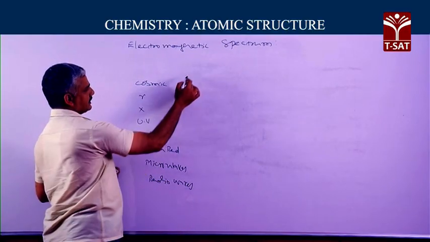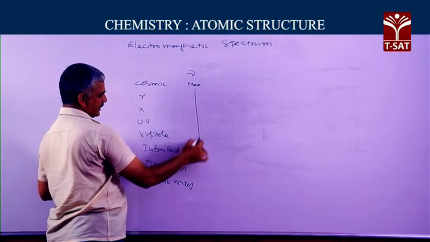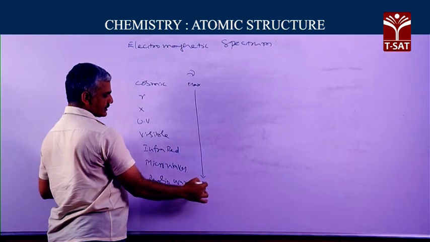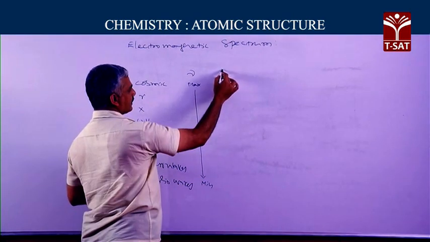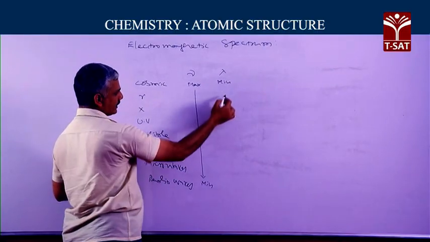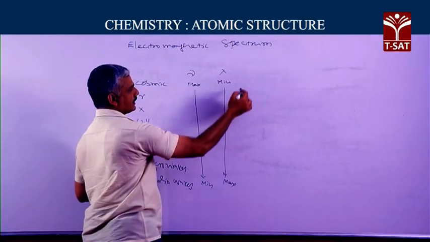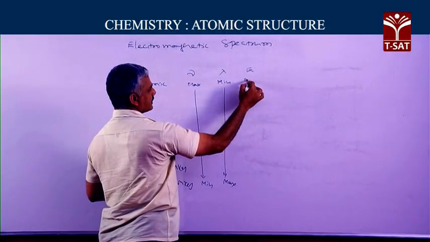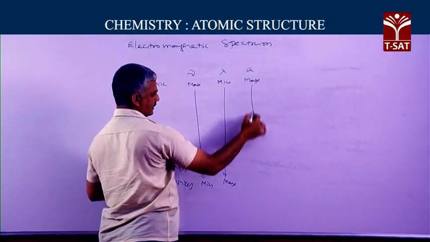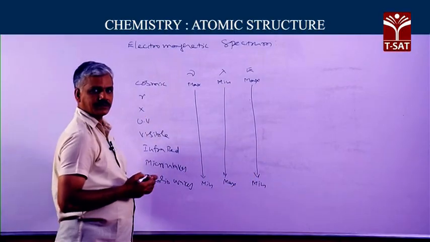The frequency of cosmic rays is maximum and gradually decreases to radio waves. Wavelength is minimum for cosmic rays and gradually increases to radio waves. Energy is maximum for cosmic rays and gradually decreases to radio waves.